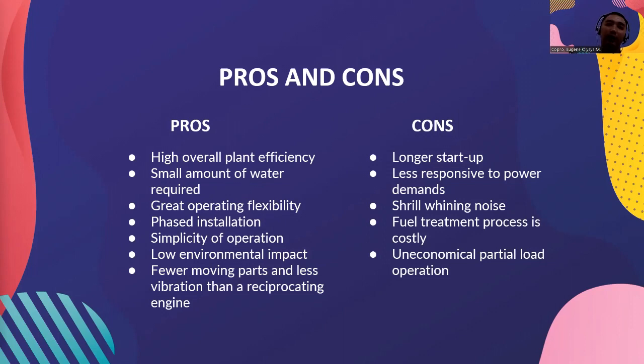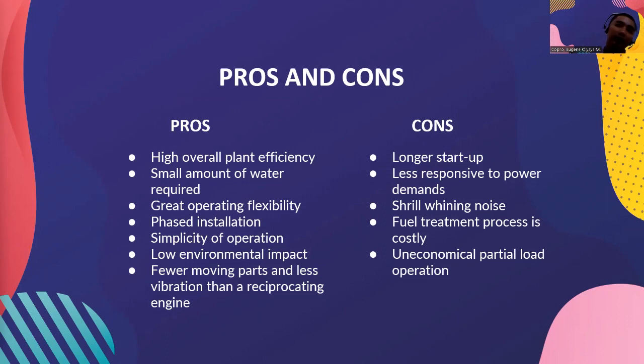And let's go on to the cons of combined cycle power plant. So the first cons is longer startup because the steam drum of the more convenient design is a handicap for fast startup because it is massive and therefore takes a long time to reach its operating temperature.